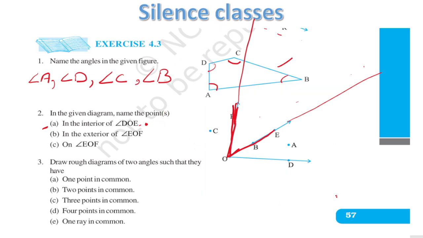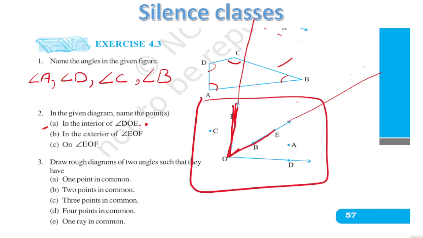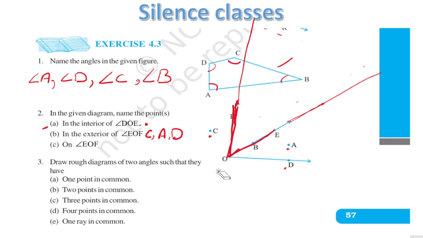All the points outside are exterior points. So we can check this figure. How many points are there in the exterior? Point C is there, point A is there, and point D is also there. C, A and D, all these 3 points are in the exterior of angle EOF. I hope you guys understood.